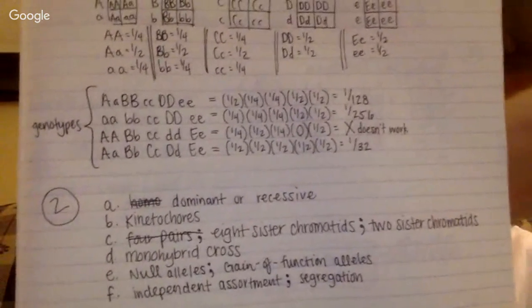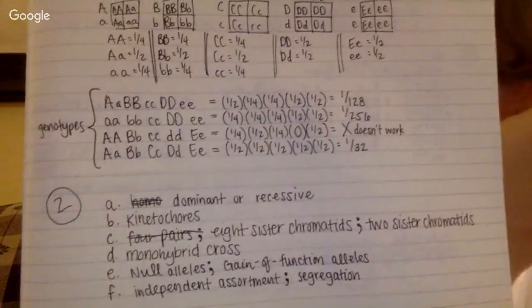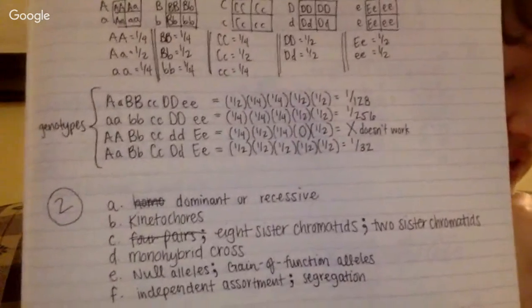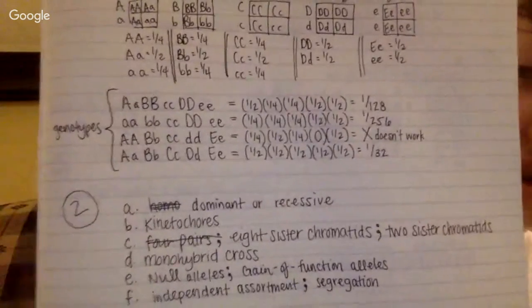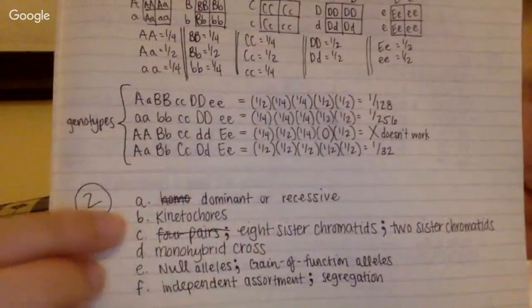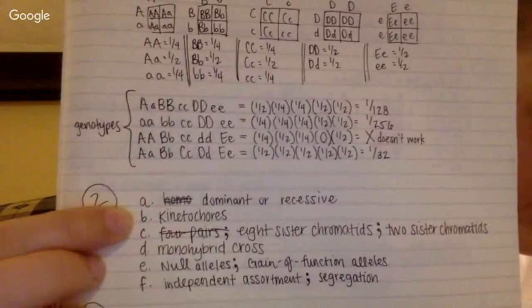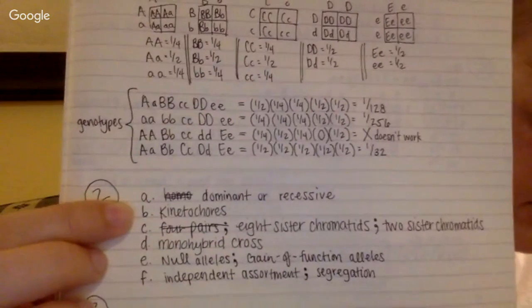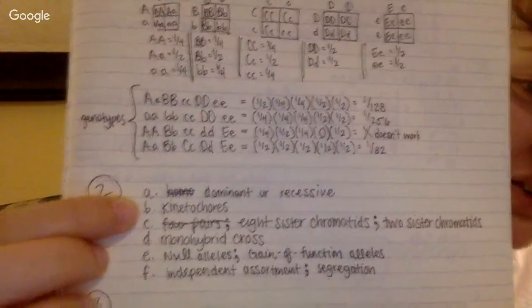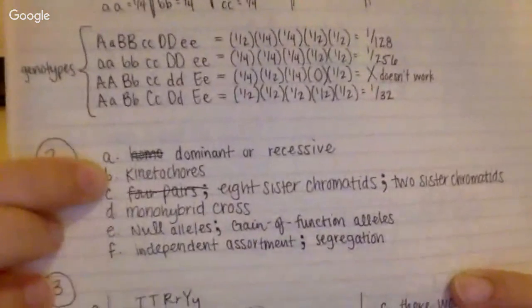Whether they be capital letters for both of them or lowercase for both, I believe they'd be called either dominant or recessive. Part B, the structure that connects the centromere to the microtubules of the mitotic spindle is called a kinetochore. However one may say it, that's what I'm going with.